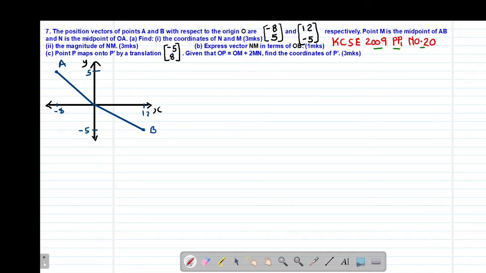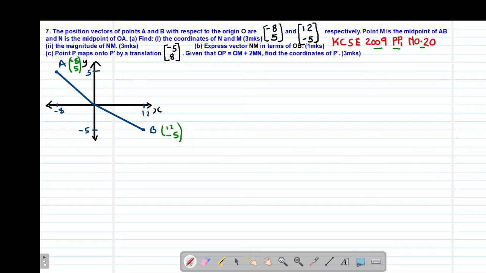This is just a rough sketch of what is happening. Point A has position vector (-8, 5), and B has (12, -5). These are the position vectors respectively.